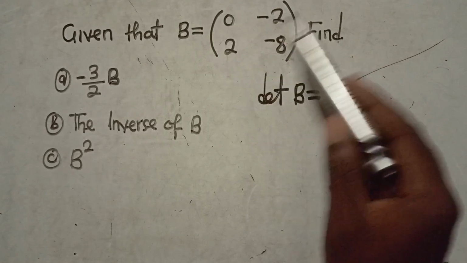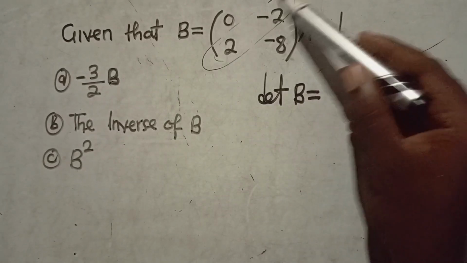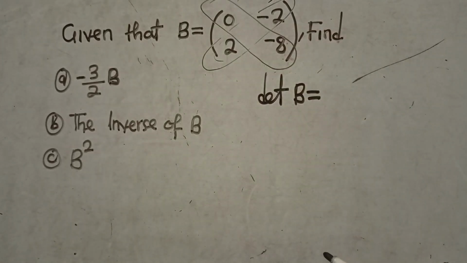Since this is a matrix, I know that this one is called a minor diagonal. This one is called a major diagonal. So how then do we find the determinant? Major diagonal minus minor diagonal. So product of major minus product of minor. So what is the product of major?